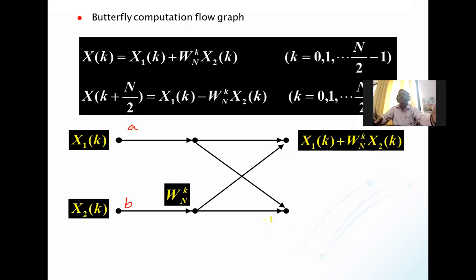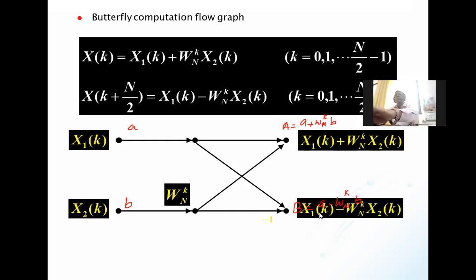The value we got here is capital A equals a plus wn to the power k into B, and capital B equals A minus wn to the power k into B. So that's how we get these values here. x1 of k is acting like A here, and x2 of k is acting like B. So we are getting the answer as x1 of k plus wn to the power k x2 of k, and the second half portion will be x1 of k minus wn to the power k x2 of k.